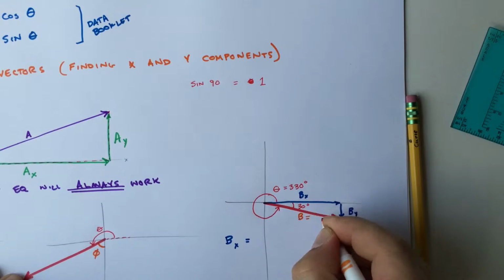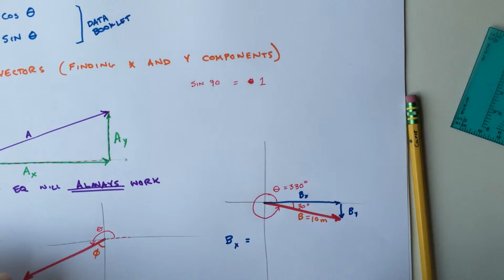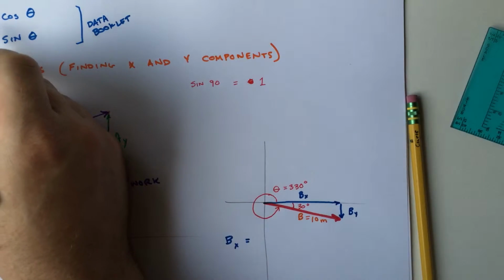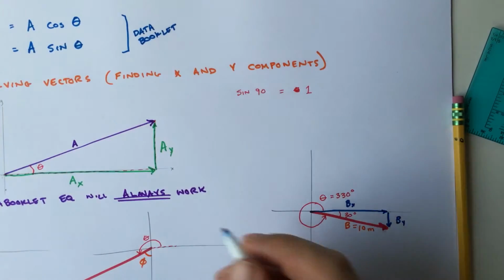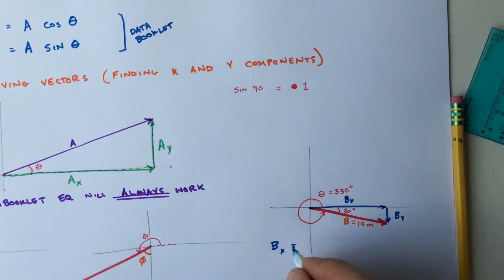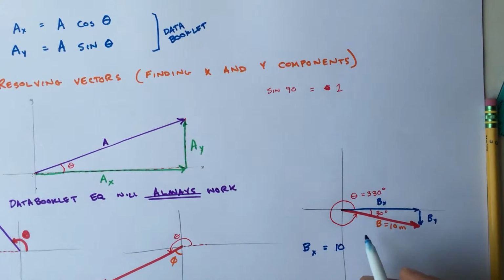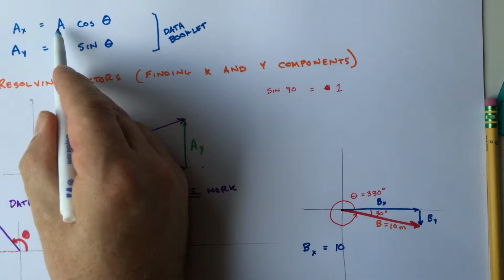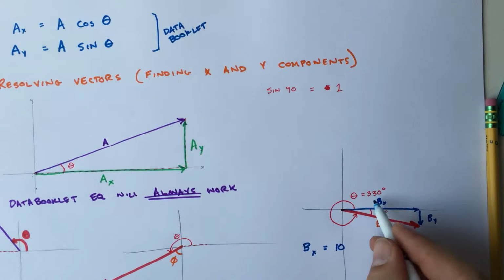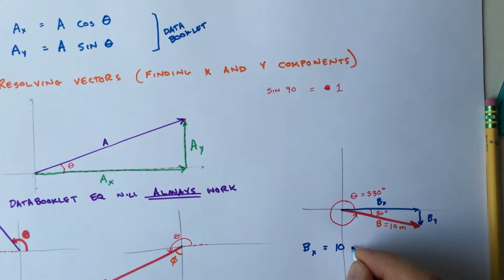If b is 10 meters, all right. Well, then bx is going to equal the magnitude, 10, that's the magnitude of the vector, times the cosine of theta, but theta has to be this 330, right? 10 times the cosine of 330.